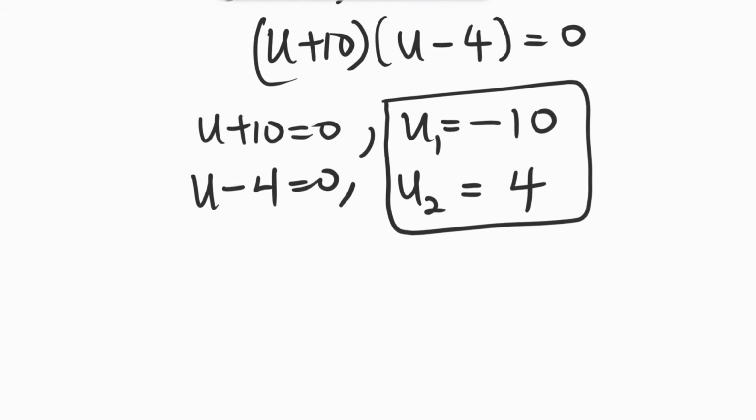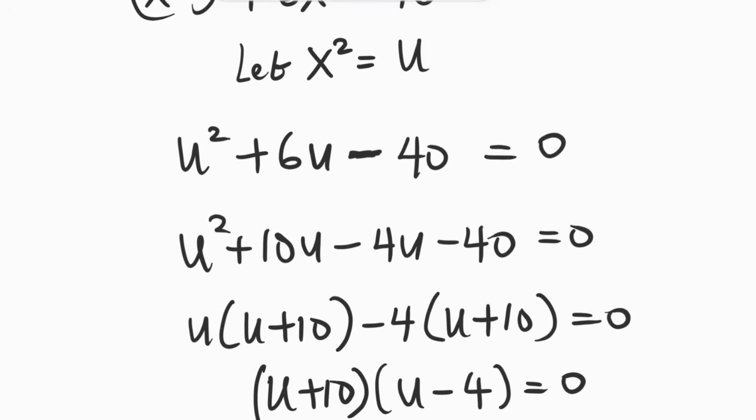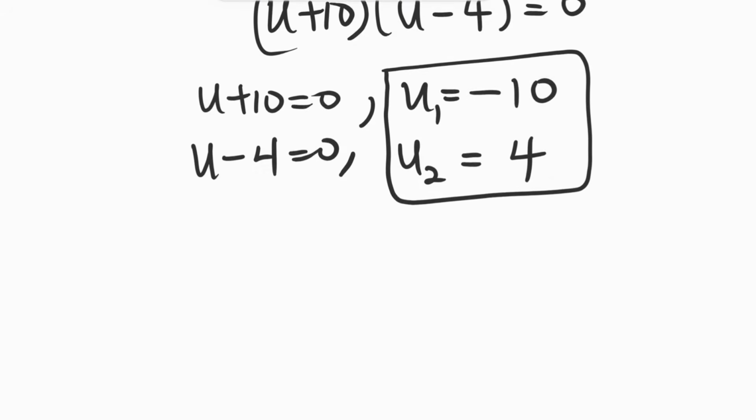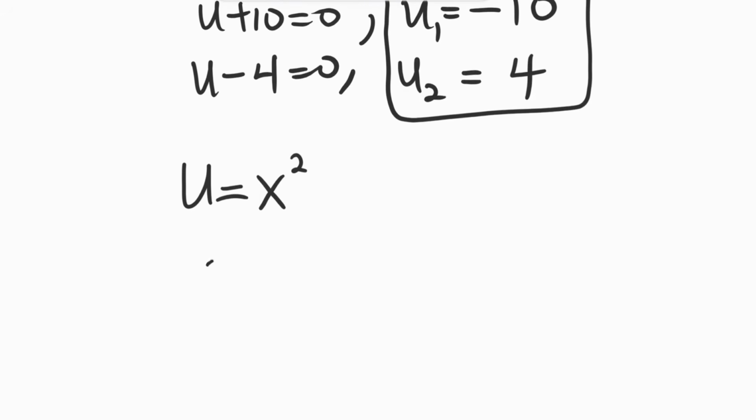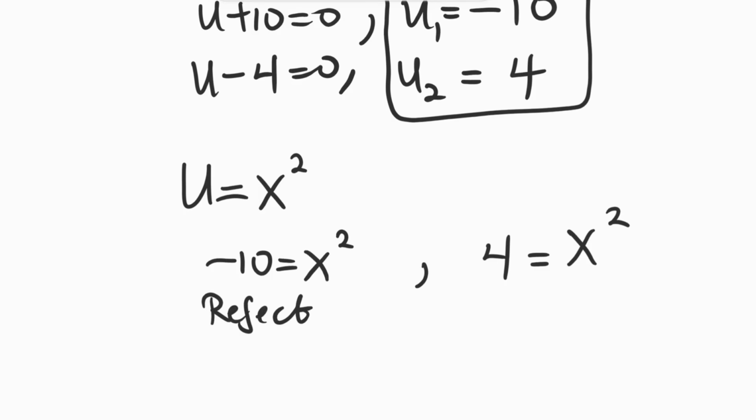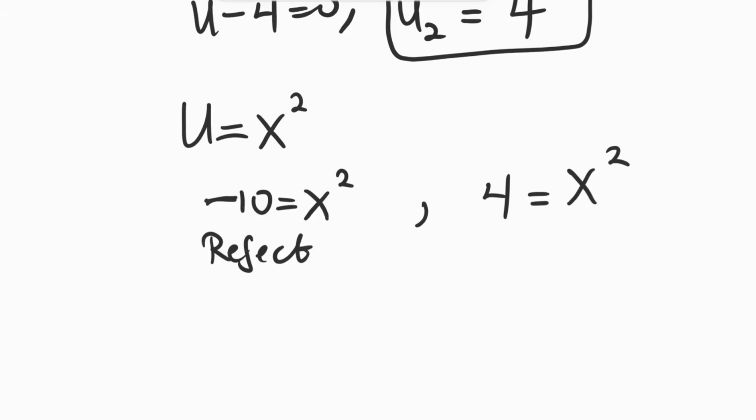Right, but now if we recall, we know that x squared is equal to u. So u is equal to x squared, so let us find x. That means we have minus 10 equals x squared and 4 equals x squared. Now we're going to have to reject minus 10 because it is not a real number, but here we have 4, a real number.